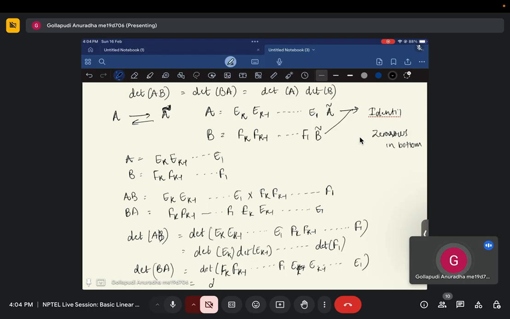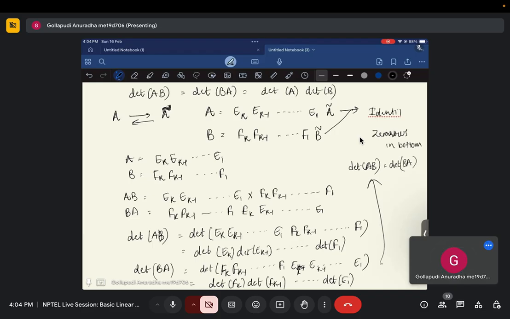So this also I can write separately, right? I can pull it out. They are just scalar values. So ultimately you are multiplying the same elementary values. That's why I'm saying here determinant of AB is same as determinant of BA.